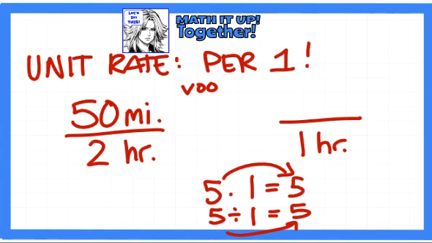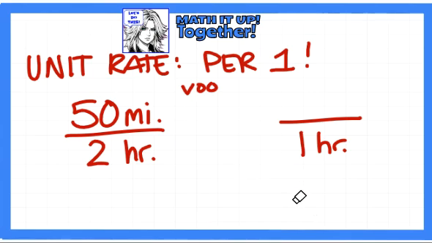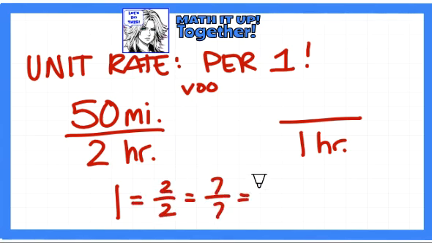The trick for us is that we have to find a version of 1 that helps us. So 1 can look like this, but it can also look like this. It can also look like this. It can also look like this. 1 is going to be the number we arrive at when we have any number in the numerator and denominator of a fraction that are exactly the same.